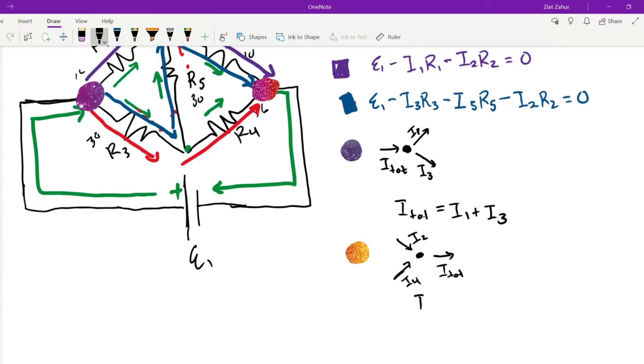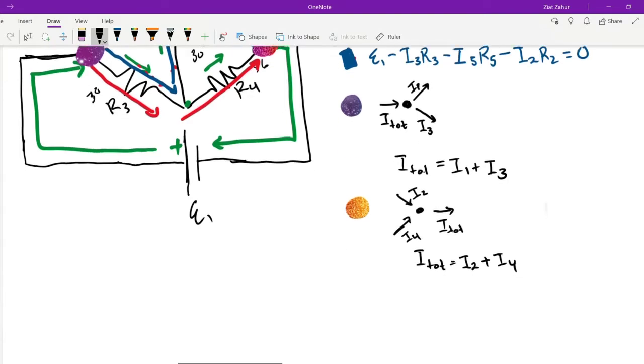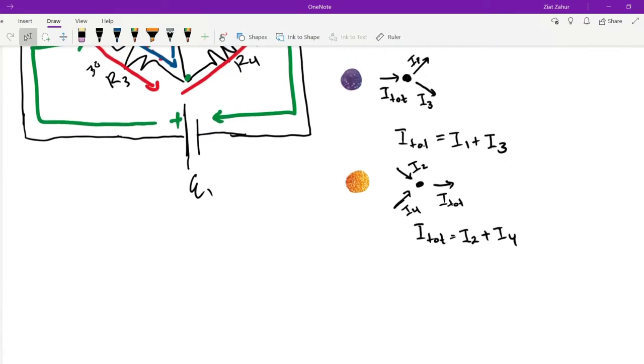So I total is equal to I2 plus I4. Now those two are equal to I total, so I1 plus I3 equals I2 plus I4.